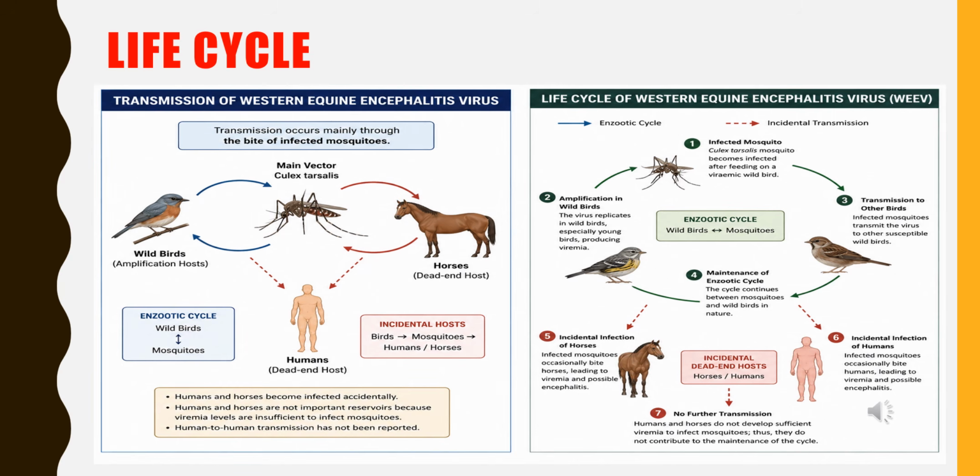From the blood it can reach the central nervous system and invade the brain, where it causes inflammation and destroys nerve cells. Of course, the severity of the disease mainly depends on the age of the person, and kids are the most sensitive and affected group.